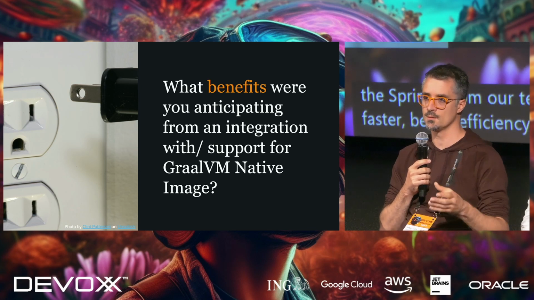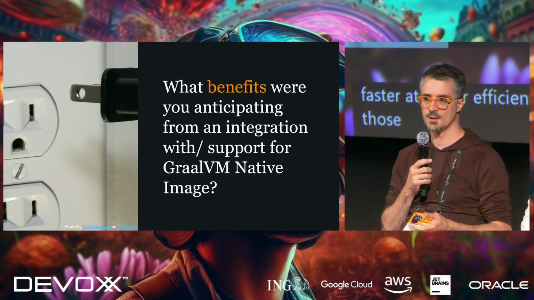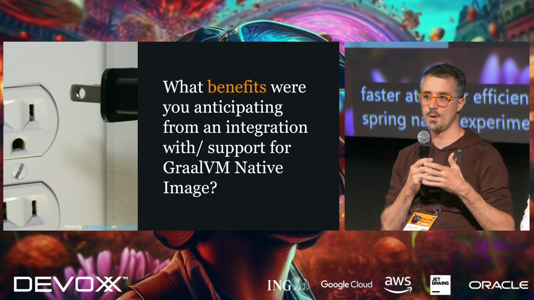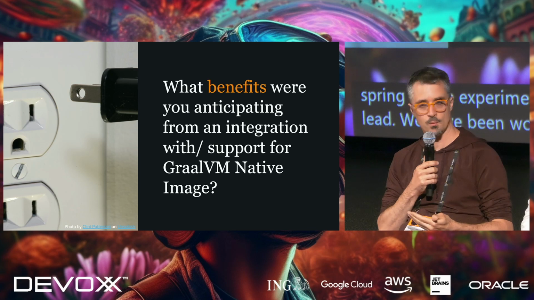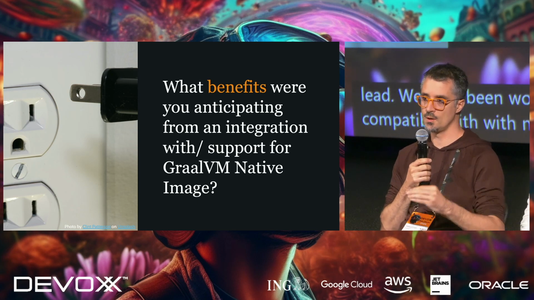Combining this with the Spring Native experimental project that I had the pleasure to lead, we have been working multiple years on making Spring compatible with native, at the level of quality we were expecting.